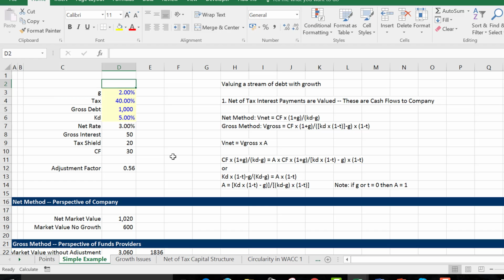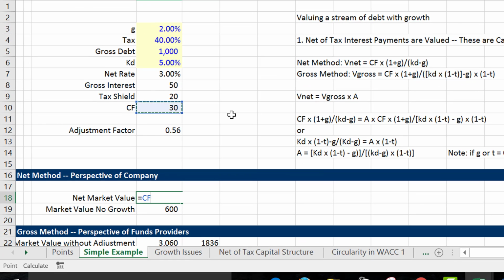Okay. Now if we just do a classic net method, we say, okay, well, I'm going to take the net of tax cash flow that we're actually experiencing in our company, and I'm going to multiply that by 1 plus the growth rate, which has now got a range name, and I'm going to divide that by the cost of debt minus the growth rate.